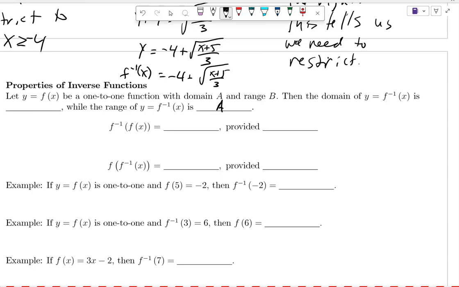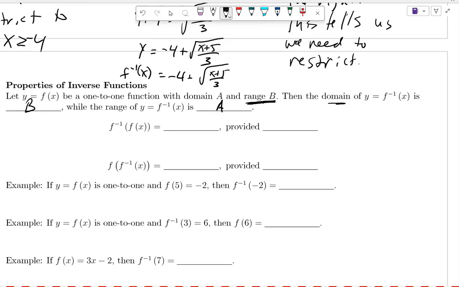Okay? And vice versa. This, is that an in or an out for the original? Out, right? Range is outputs, right? The outputs of the original become the inputs of the inverse.